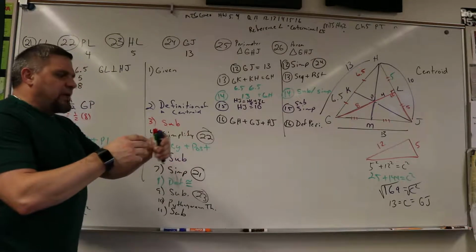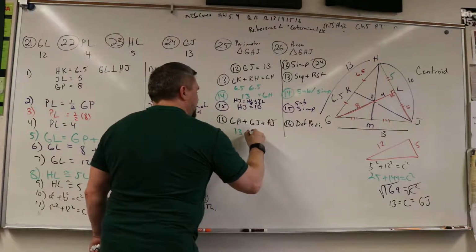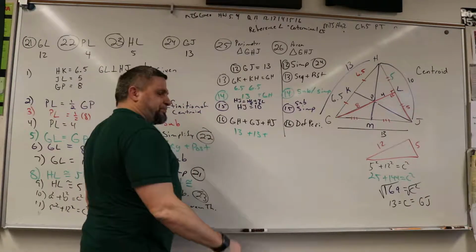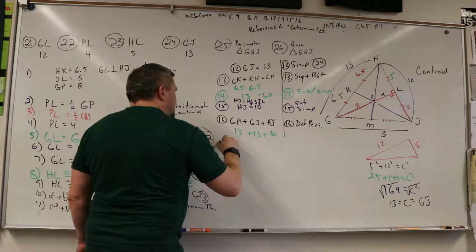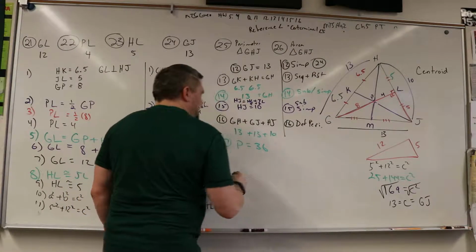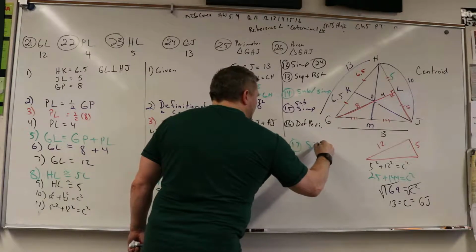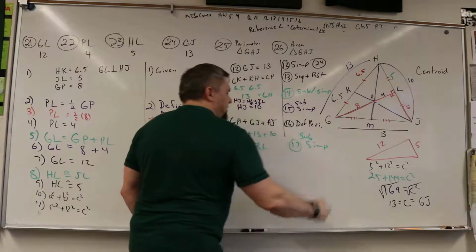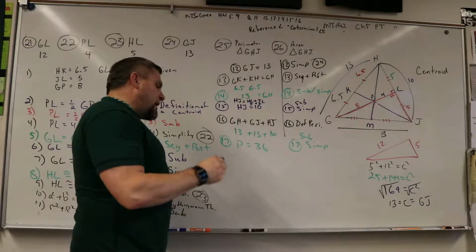So then we just plug in, substitution again, right? So substitution says 13 plus 13 plus 10. So the perimeter equals 36. Okay, and that is simplify and a little bit of substitution, right? Looks like we substitute and simplify a lot. Those can usually be 2 steps, but because it's such a long problem, I'm letting us get away with putting them in 1 step. Okay?